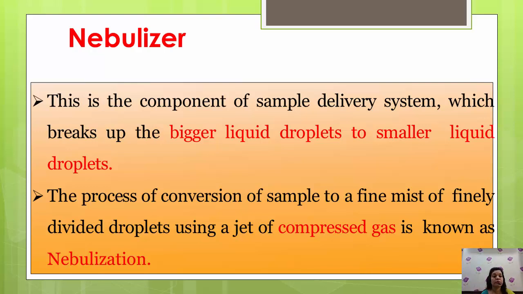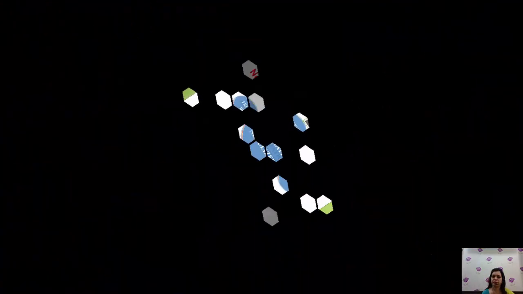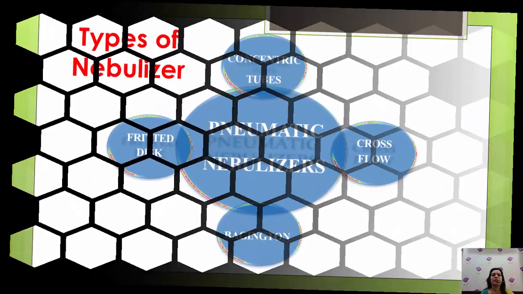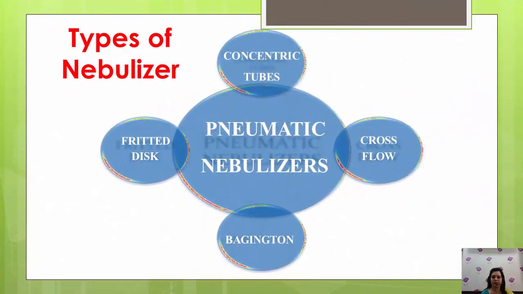There are different types of nebulizers available in the market. We'll see their working. Pneumatic nebulizers are of types: first is concentric tubes, second cross flow, Babington, and Fritted disc.